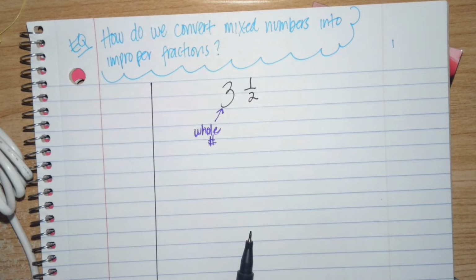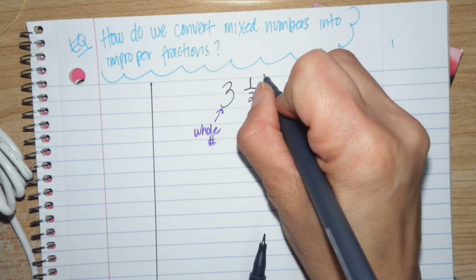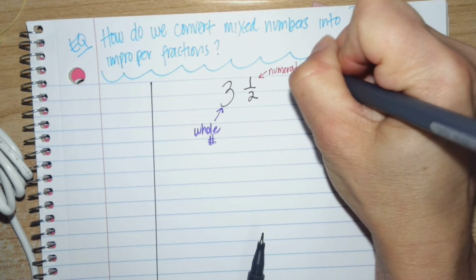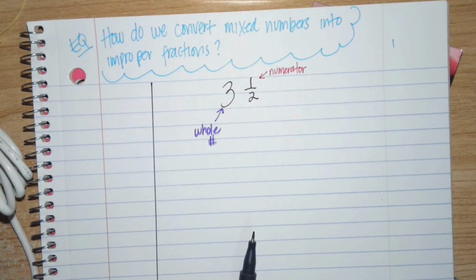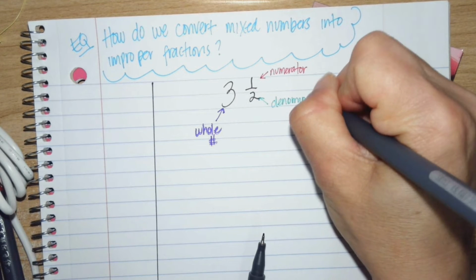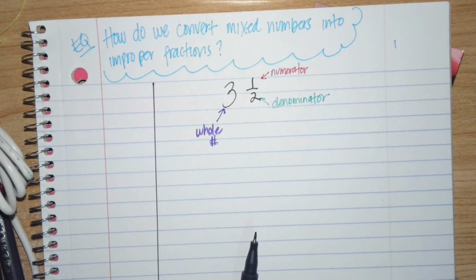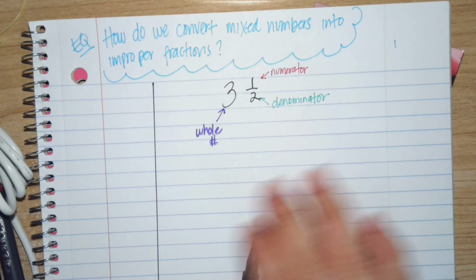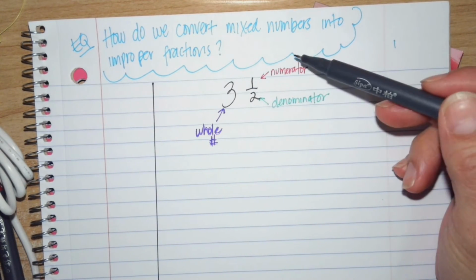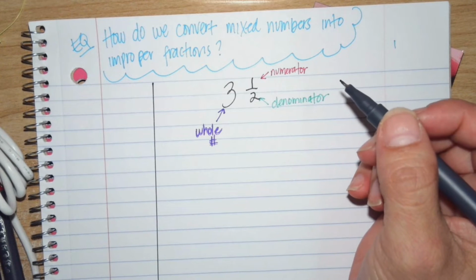When we look at the fraction part of it, the top number of our fraction is always called the numerator, and the bottom part of our number is called the denominator. We call it a mixed number because it's a mix of a whole number and a fraction.